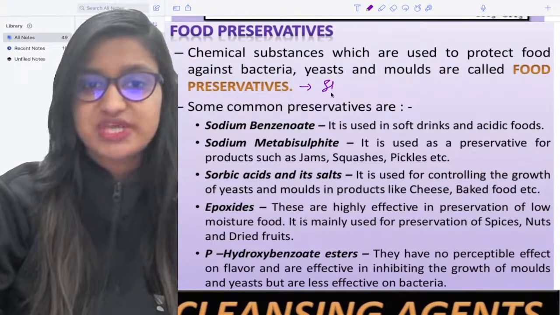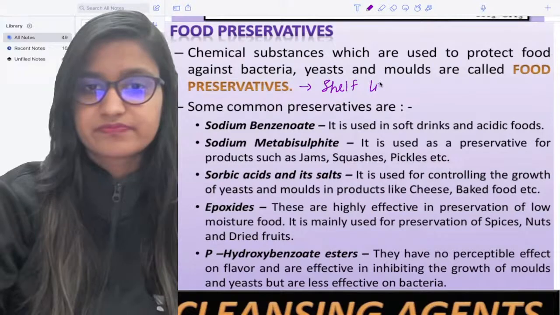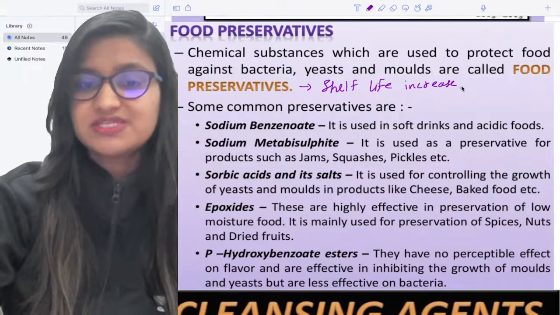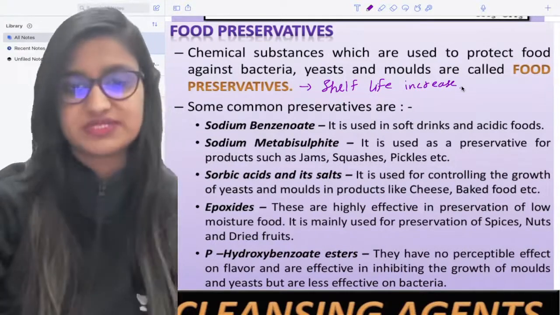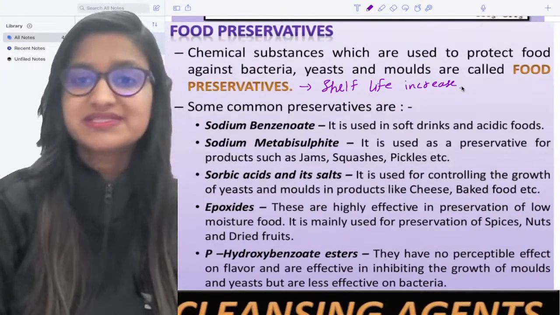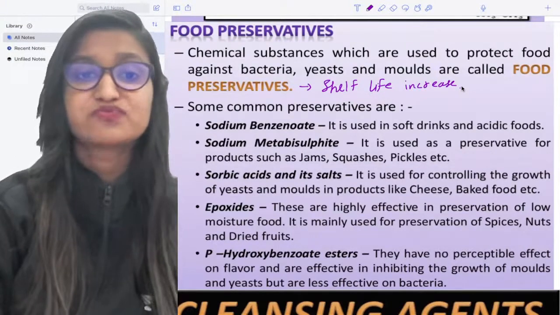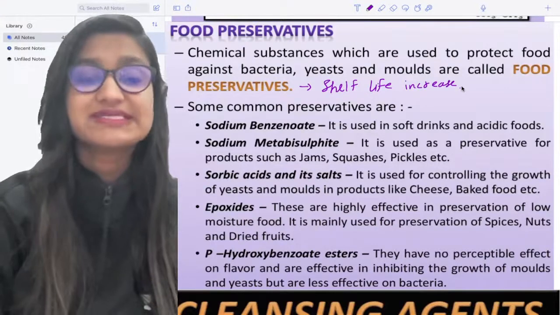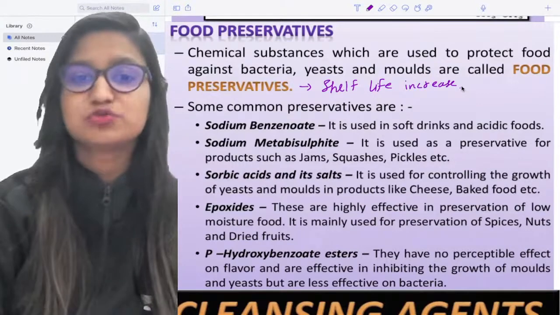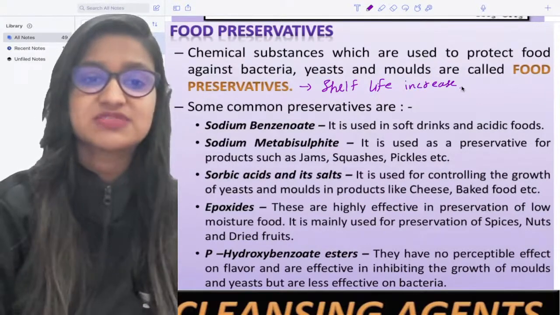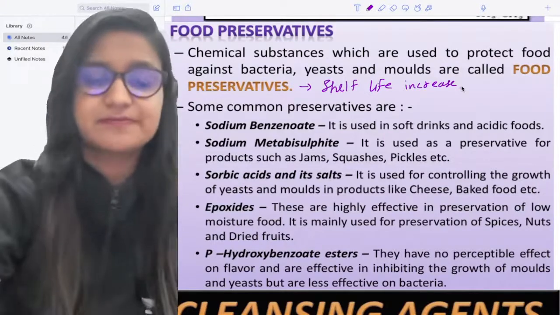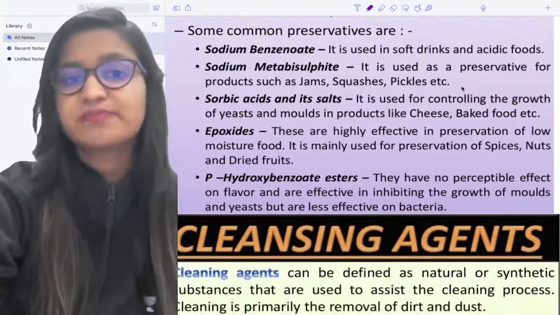To increase the shelf life. That is why you use food preservatives. ठीक है, so you can see here that chemical substances which are used to protect food against bacteria, yeast and molds, again so that its shelf life increases, right, so they are called food preservatives. What do you call them? You call them food preservatives. ठीक है, and some common preservatives.